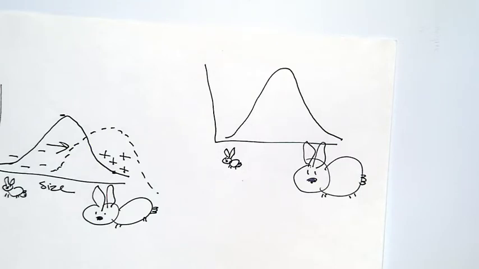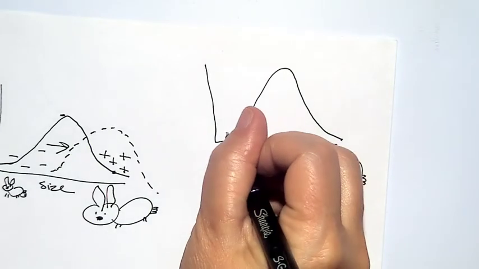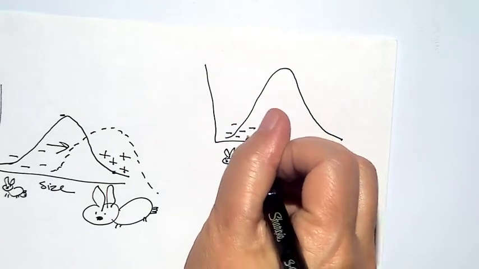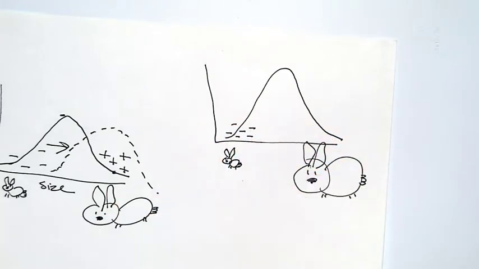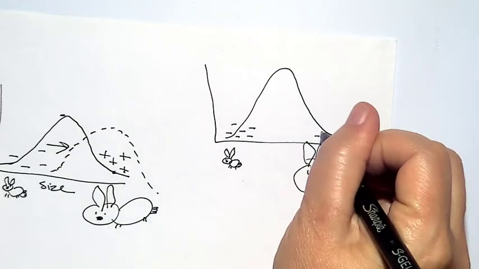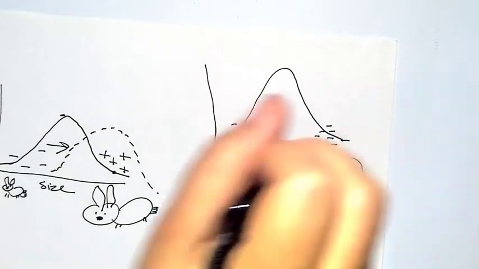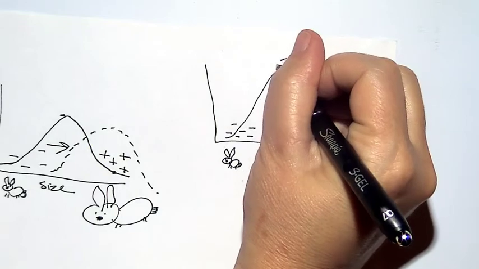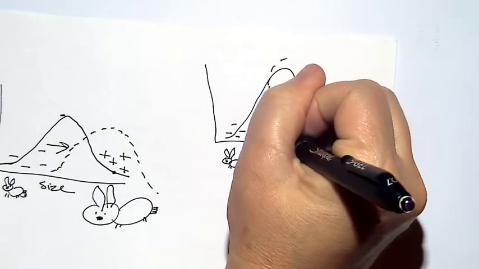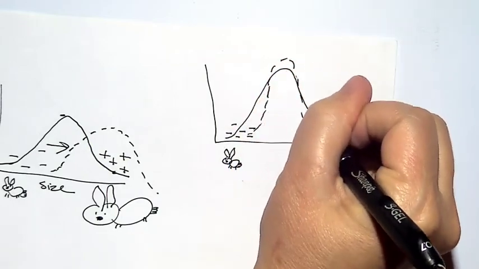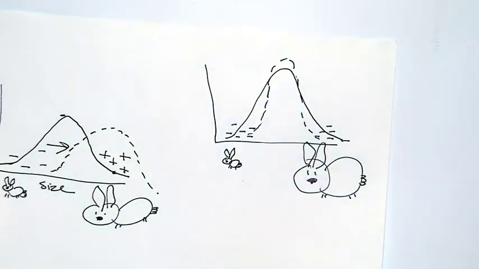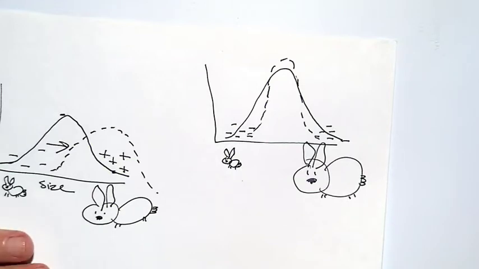If we have the small predators that get the smallest rabbits, but there's not much food available in this environment to support the largest rabbits, you'll get a switch to the curve that narrows this range. This is called stabilizing selection because it reinforces the average trait and reduces the diversity.